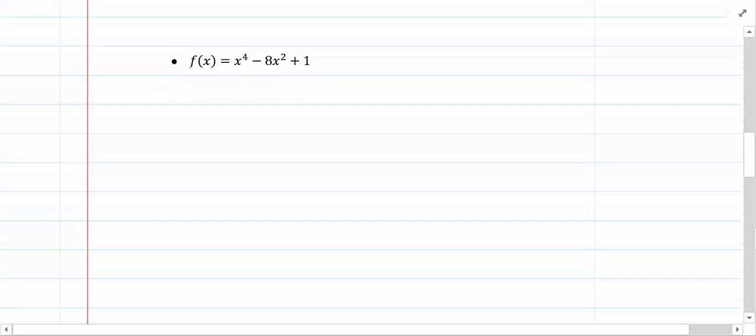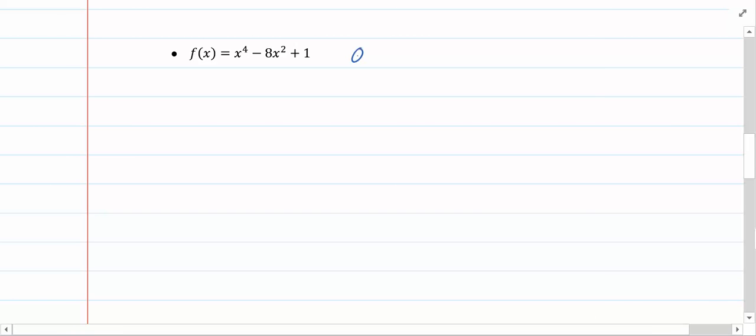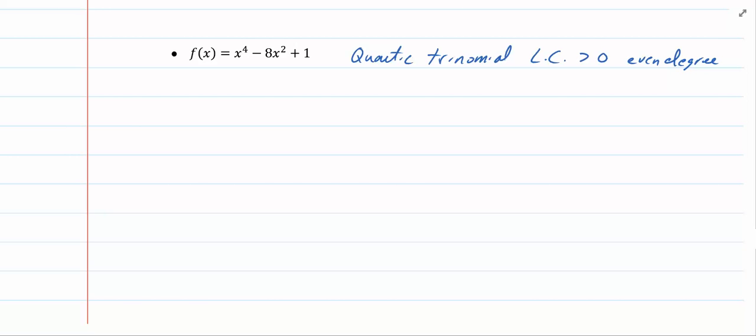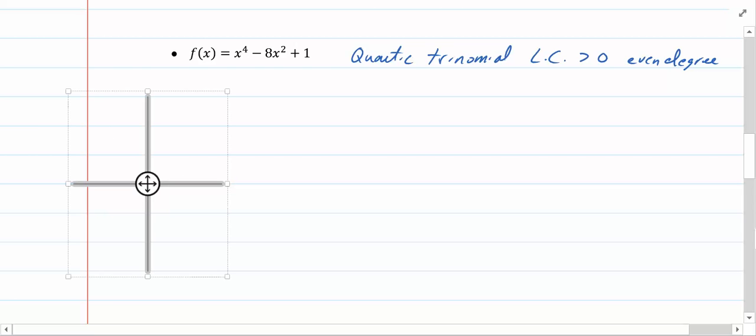Let's look at this next example. This time we have a quartic trinomial. The leading coefficient is again positive, and the degree is even. So when we're picturing this graph, we know that the tails have to go in the same direction, and they have to point up in this case.